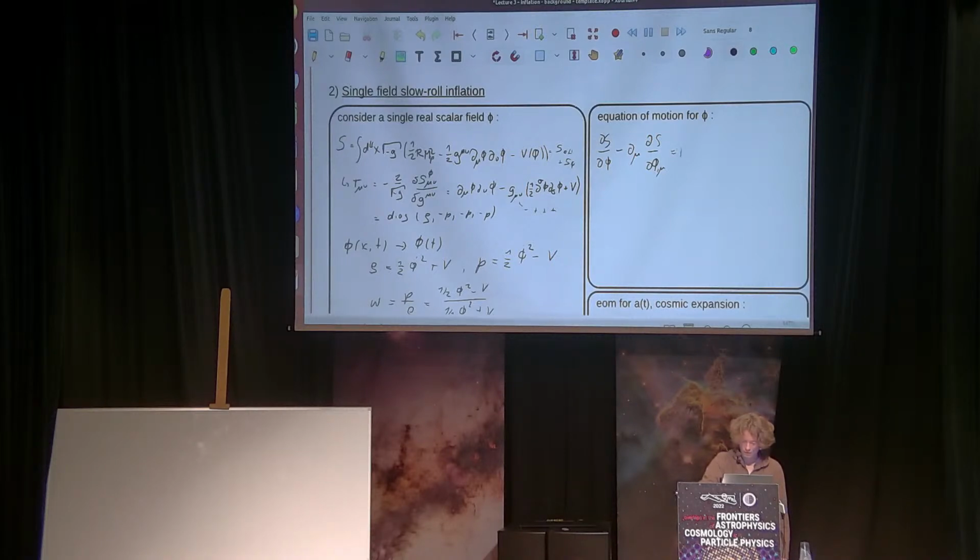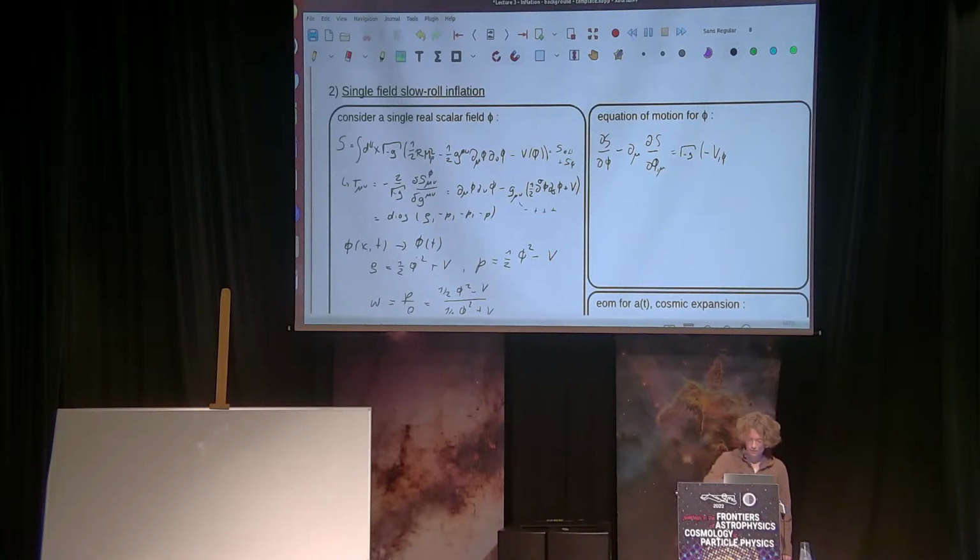Let me factor out a factor of root -g. From this first term, the only thing that depends on phi is the potential, so we get minus V prime, the derivative of V with respect to phi.